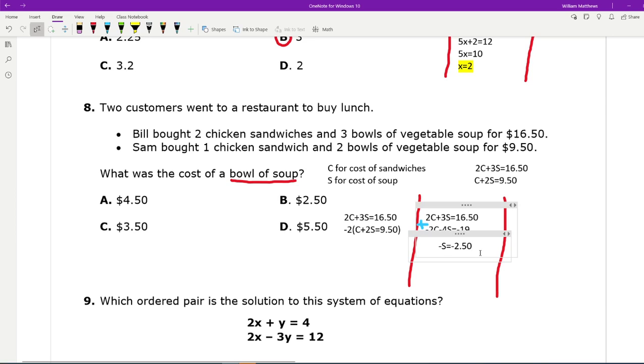In this case, it will be $2.50. When I divide both sides by a -1 to get rid of that negative, you will get s equals a positive 2.50, which stands for a bowl of soup is worth $2.50.